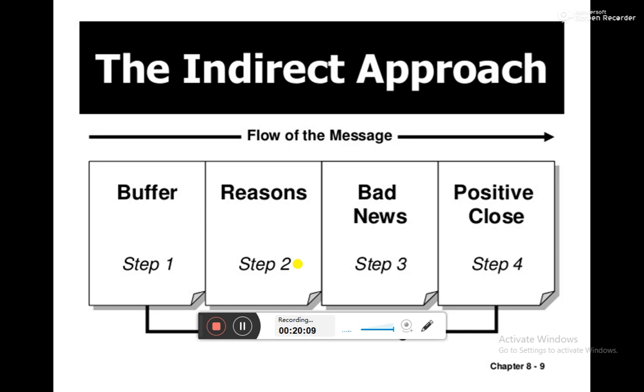If we talk about the third step, bad news, it means continuing with a clear statement of the bad news. After you have thoughtfully and logically established your reasons and readers are prepared to receive the bad news, you can use three techniques to convey the negative information as clearly and as kindly as possible.